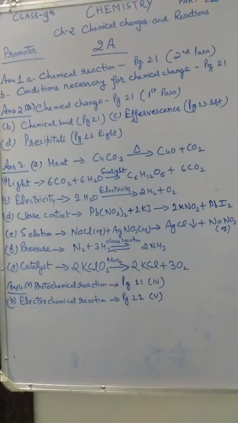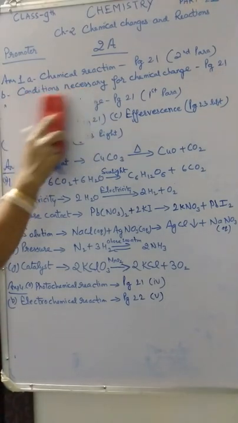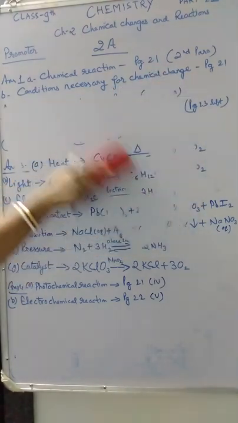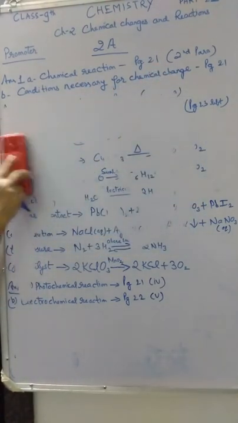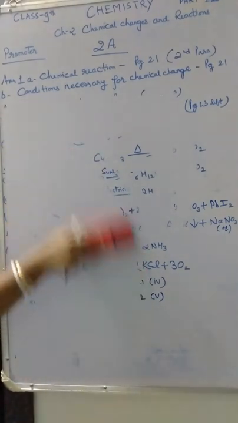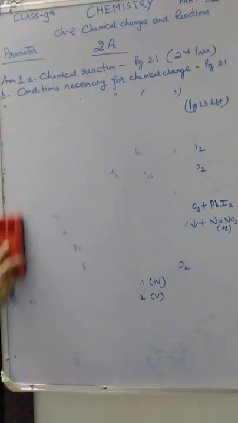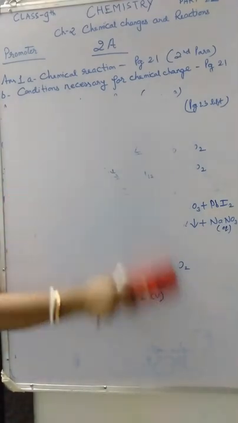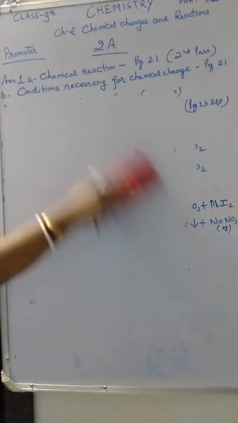Now question number 5. Give an example of each of the following chemical changes. You have to give one example for these conditions. Mostly all the examples are given in your chapter only.